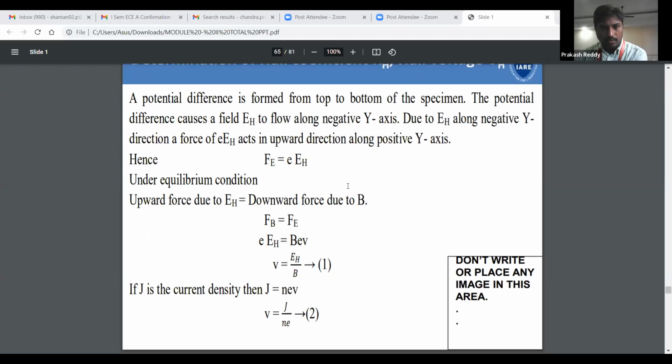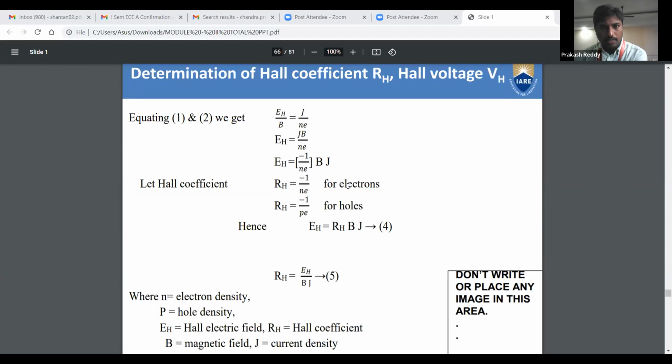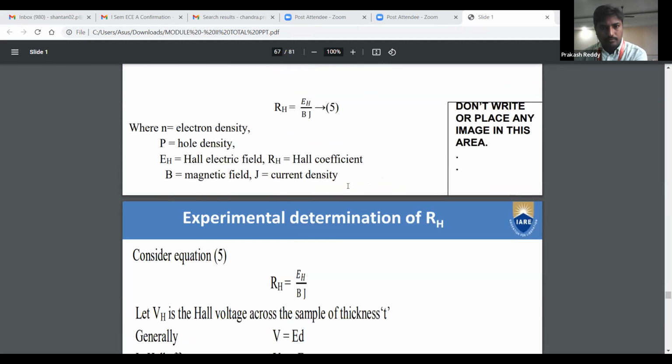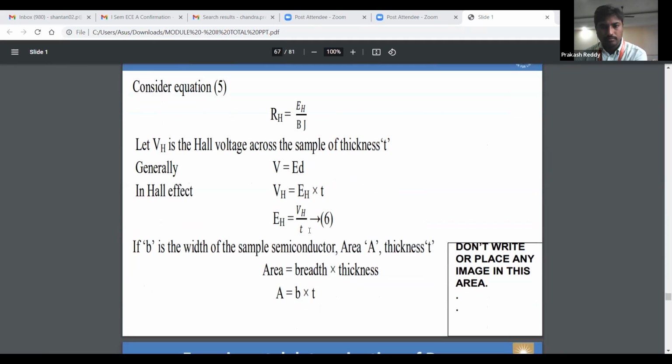For the experimental determination of RH, I am going to consider the thickness and area of the material. This one also, try to take a screenshot.